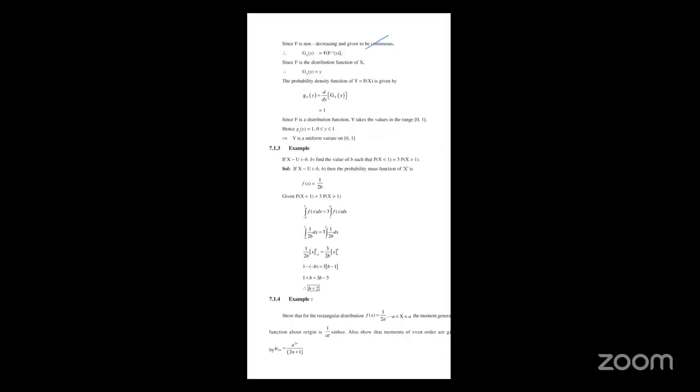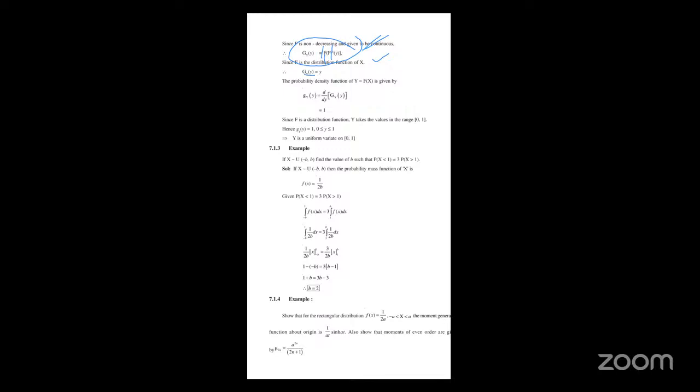F is non-decreasing and given to be continuous. So G of y equals F into F power minus 1, that is, F into F inverse of y. F is the distribution function of y. What happens? F and F inverse can be cancelled. F inverse means 1 by F, right? So F and F inverse cancel.